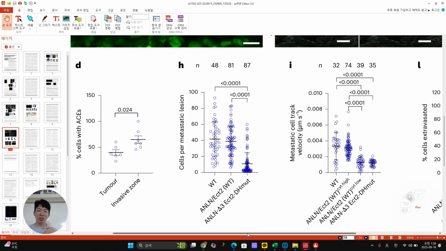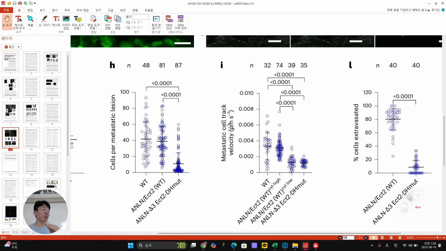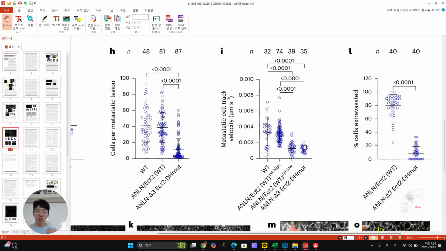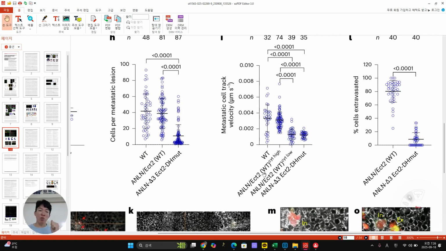And then when they check the cell track velocity, the speed of the cell, it is gradually going down. When you look at wild type with cytoplasm high or low, it depends on this, because when you transfect the cells, you cannot imagine all cells are 100% transfected.